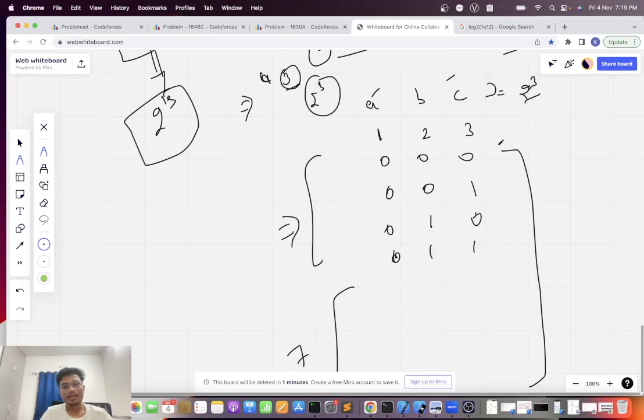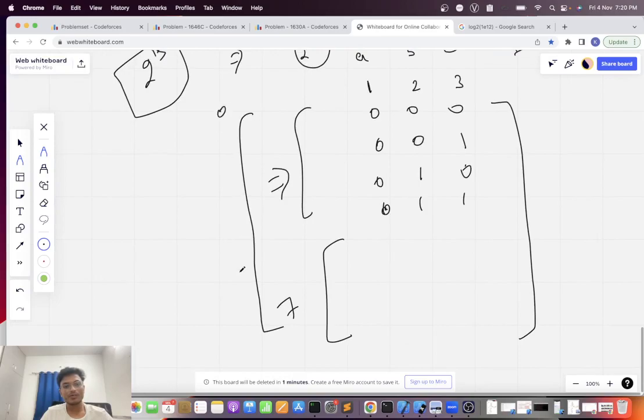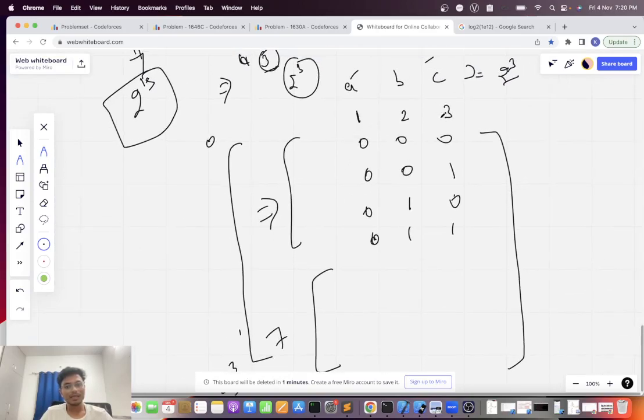If I make a bitmask running from 0 to 2 to the power 3, it will include 3 bits. If a bit is 0, I'm not taking the value, and if the bit is 1, I'm taking the value. You will observe that this covers all the cases.